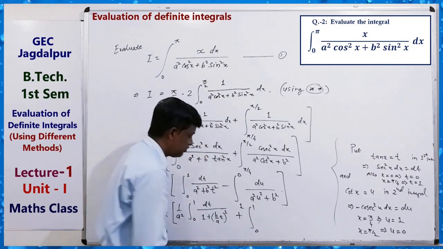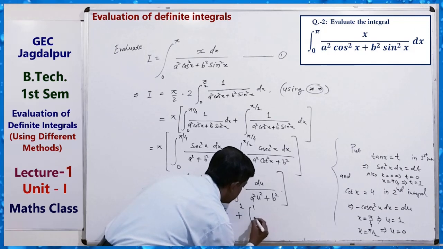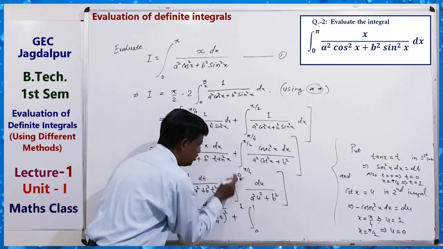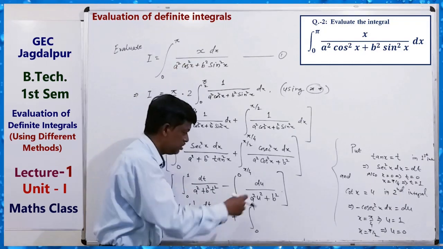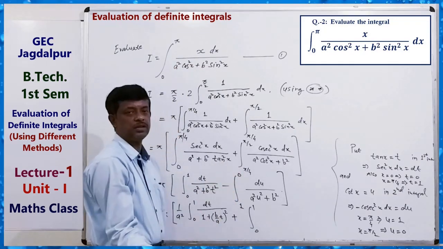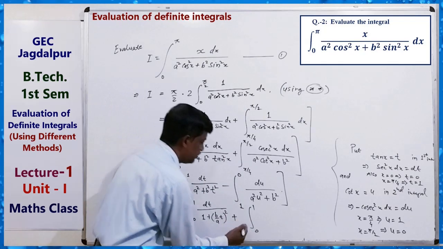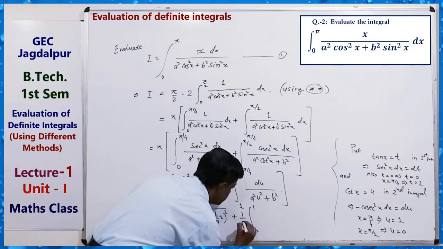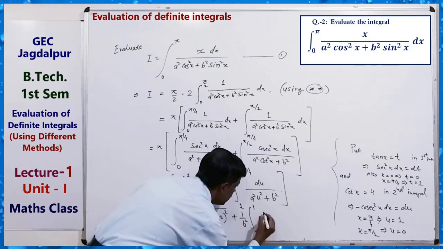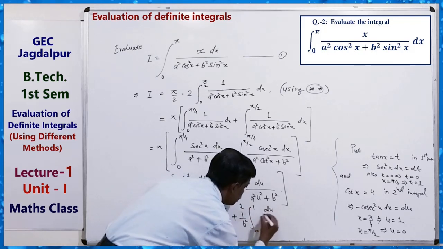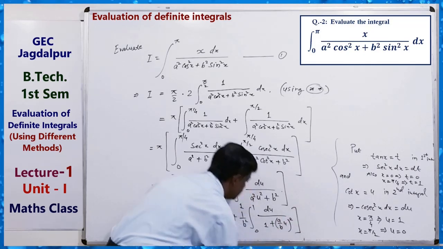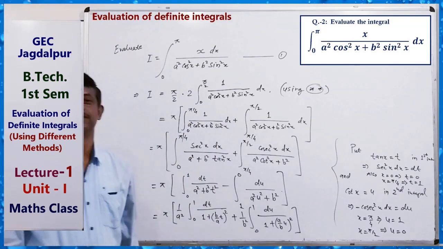Common is b square, because 1 to 0 by property becomes 0 to 1 with the sign changing from negative to positive. So 1 upon b square is common, then du upon 1 plus a by b u whole square. This is our converted integration.